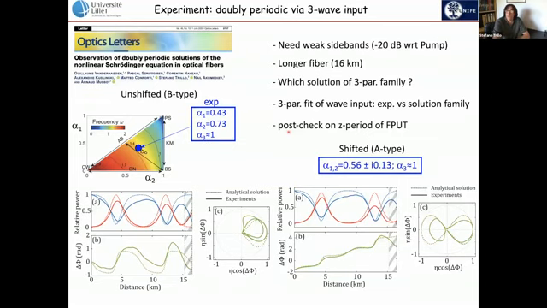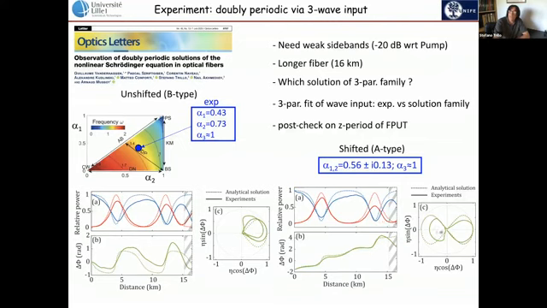and then you have a post-check on the experiment, because you can measure the z period and see if this fits with the solution. Again, these are two experiments we did. The first one is single loop orbits, starting with amplitude modulation, or unshifted orbit.